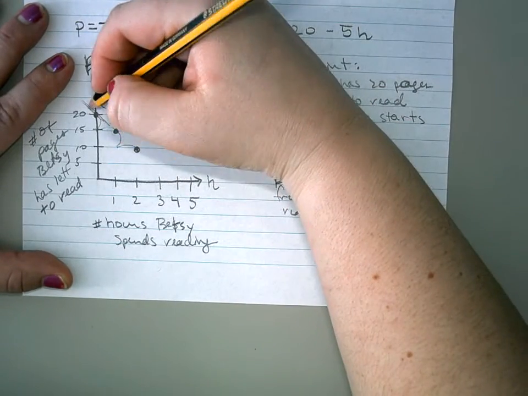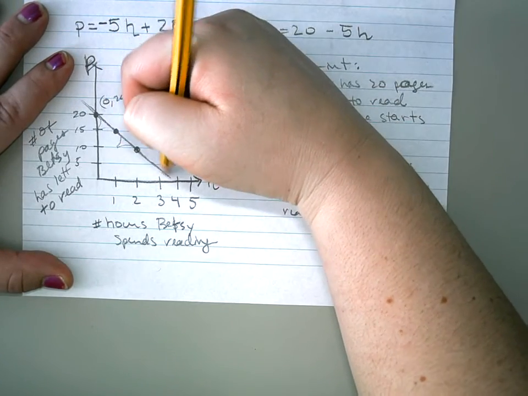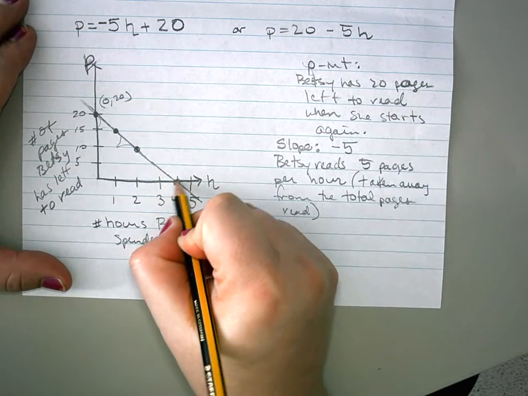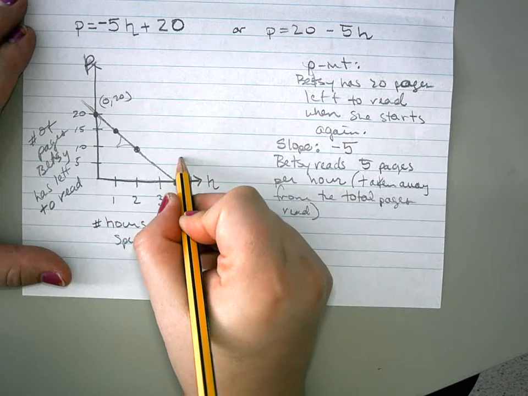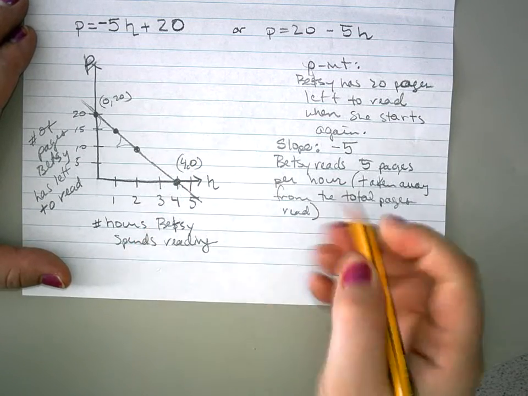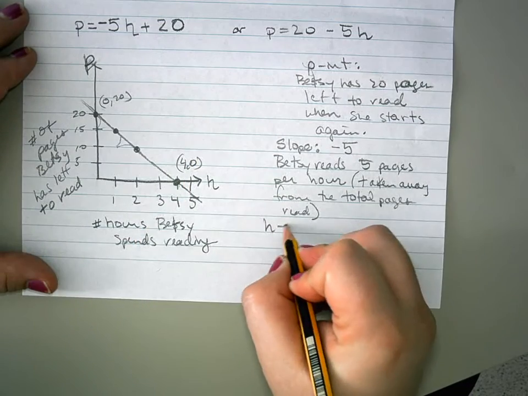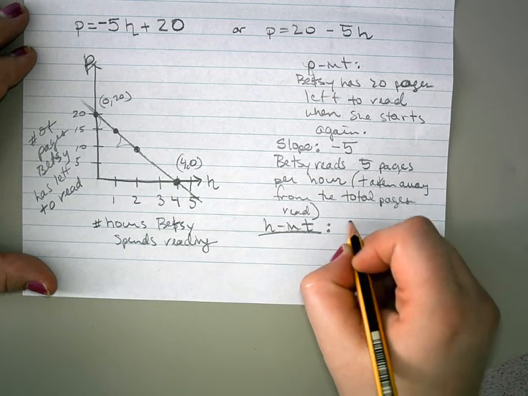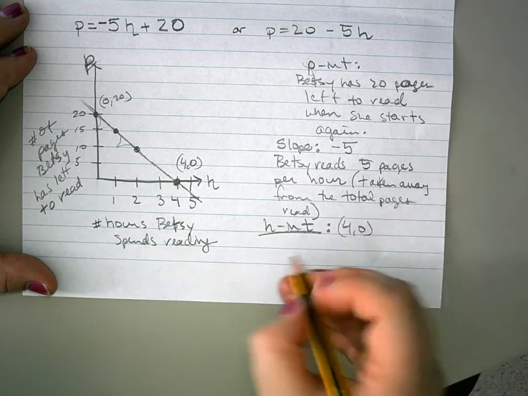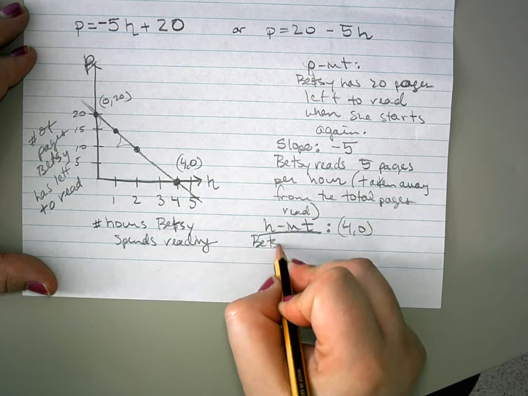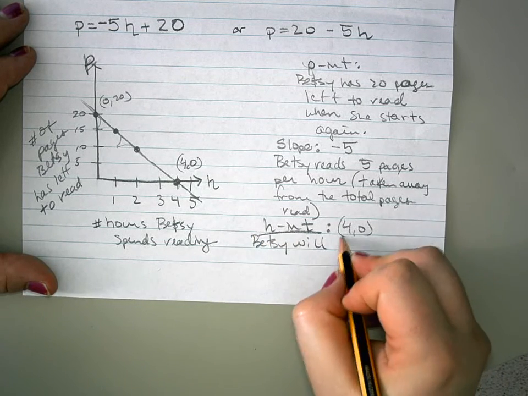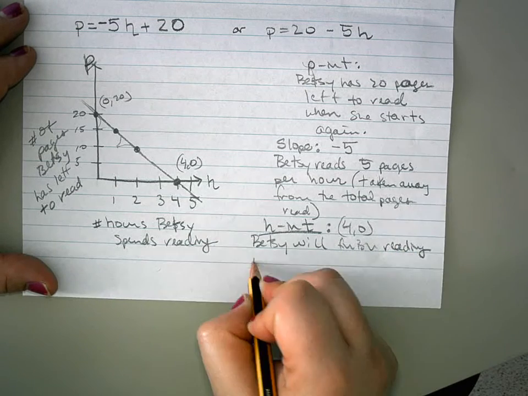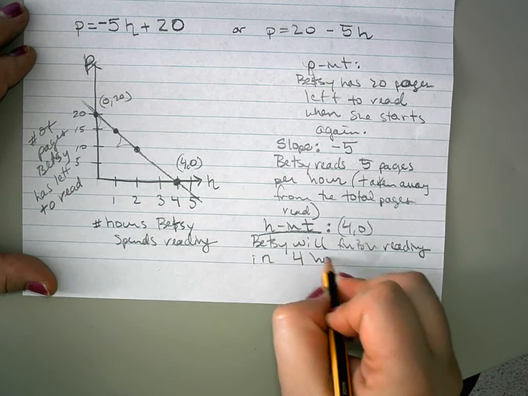And if we draw this correctly, ooh, good, okay, we have our x-intercept, which is 4, 0. So in this case, it's our h-intercept, and that means that Betsy will finish reading in 4 hours.